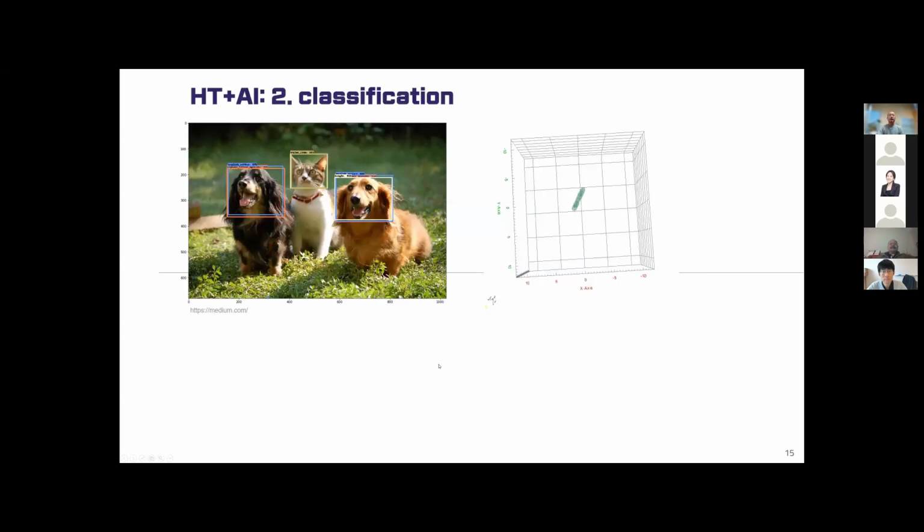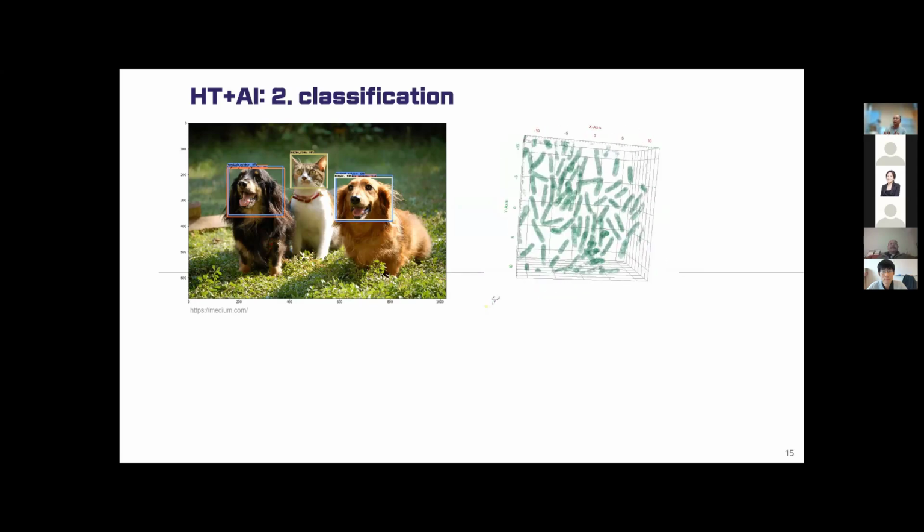The second topic is classification. It's like finding a cat or dog in a photograph. On the right-hand side, you're watching movies of bacterial growth and division, finally forming a bacterial biofilm. This is again the raw data of the refractive index tomogram.